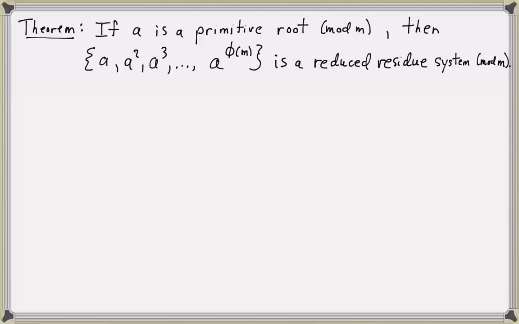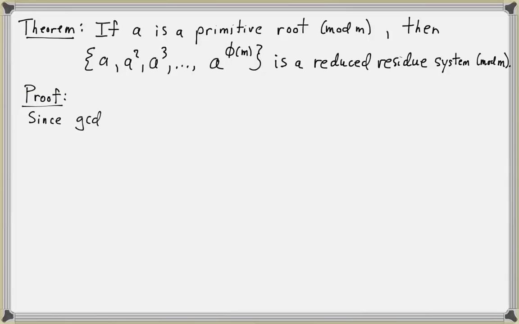So we need to show that all of these powers of a are mutually incongruent and that each one is relatively prime to m. Well, we know that a and m are relatively prime.